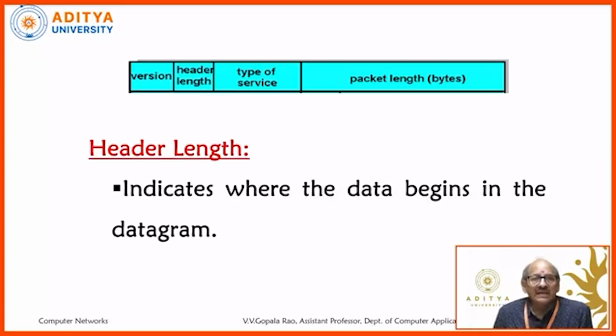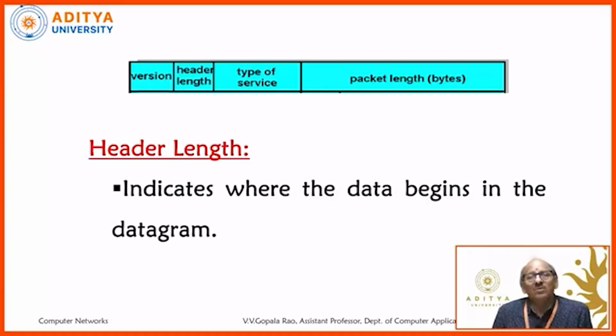So now what exactly is the header length for? It lets us identify the data part and the header part, so that you can identify exactly where the data starts in the actual datagram, because a datagram has two portions. One is called the header and the other is called the data. Collectively this is referred to as a datagram in our terminology. So a datagram consists of a header part and the actual data part.